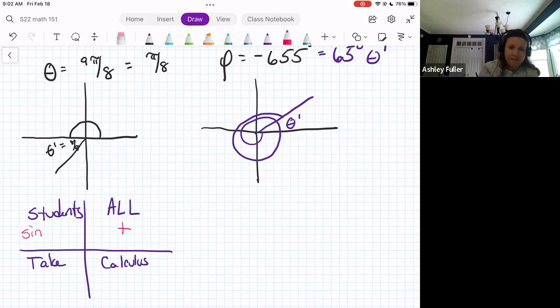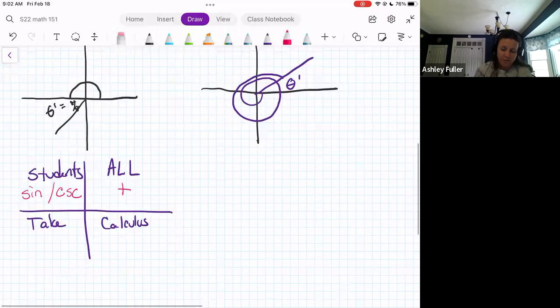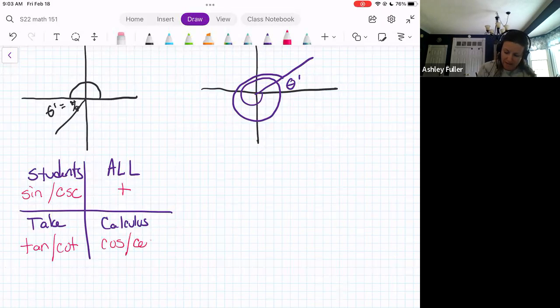Sine is positive in the second quadrant, which also indicates that cosecant will be positive there. Tangent and likewise cotangent will be positive in the third quadrant. And then cosine and secant will be positive in the fourth quadrant.